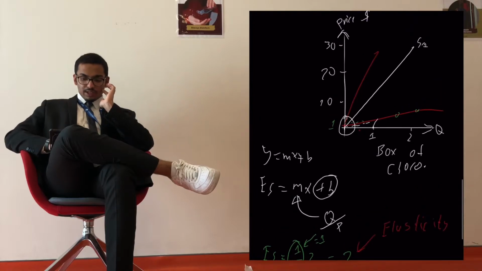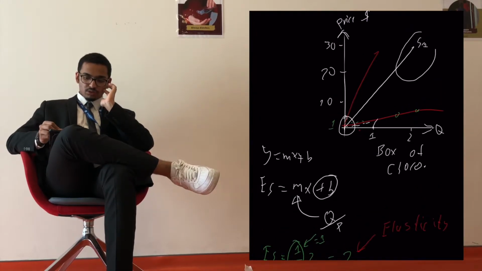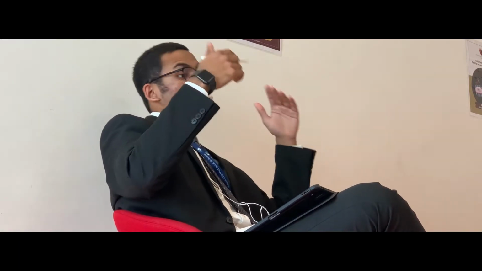Now let's look at the next one, because for this whole example we'll be using this initial curve S1, where your market value started from, and then it became either elastic or inelastic. So it either became elastic, going towards the x-axis, or went away from the x-axis towards the y-axis and became inelastic.